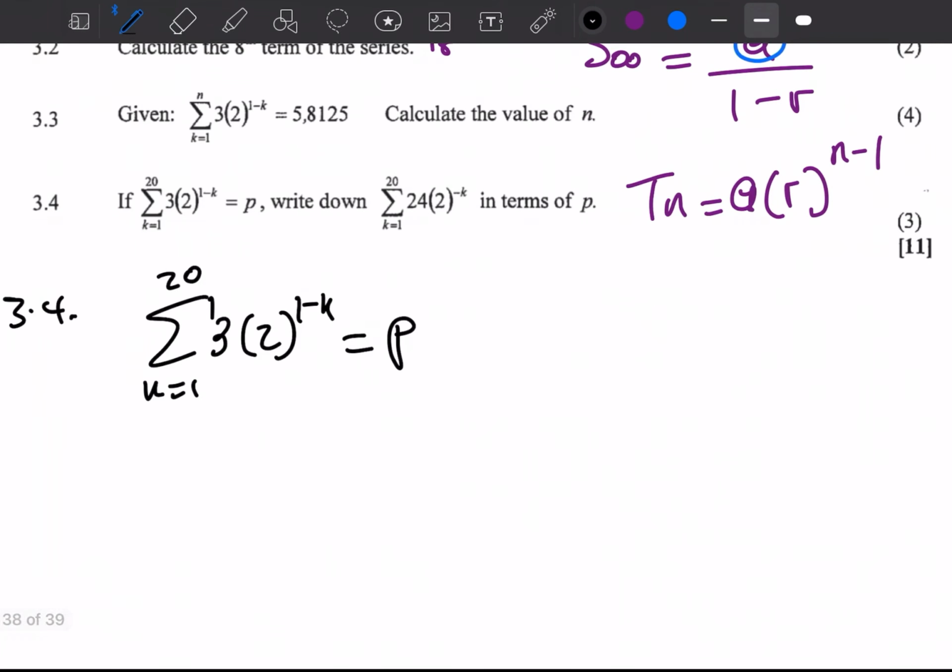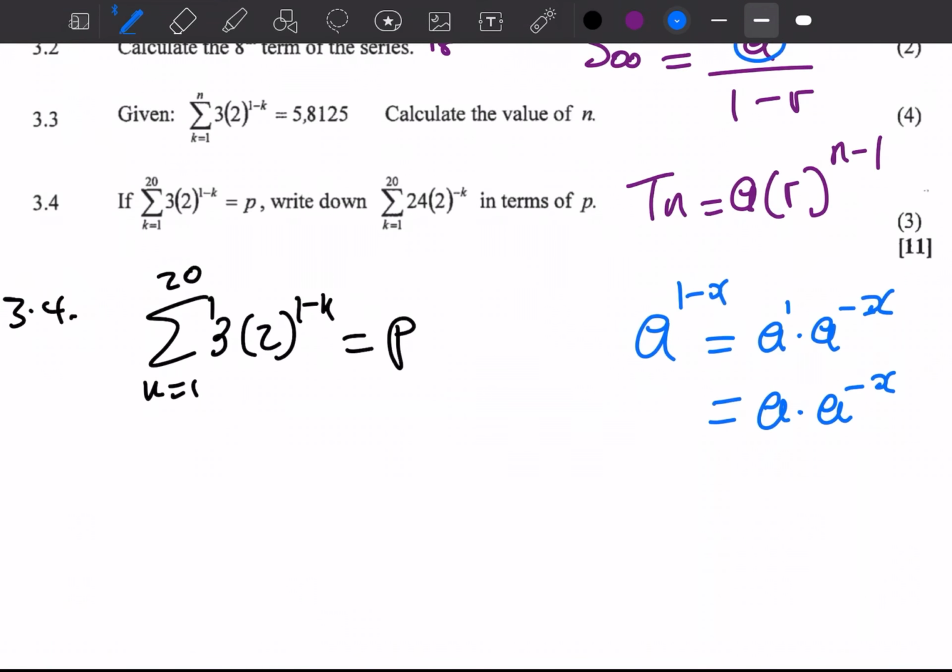Do you agree with me that if you have a power 1 minus x, this can be written as a power 1 times a power negative x, right? Which of course is a times a power negative x. So that's basically what we are going to do here.